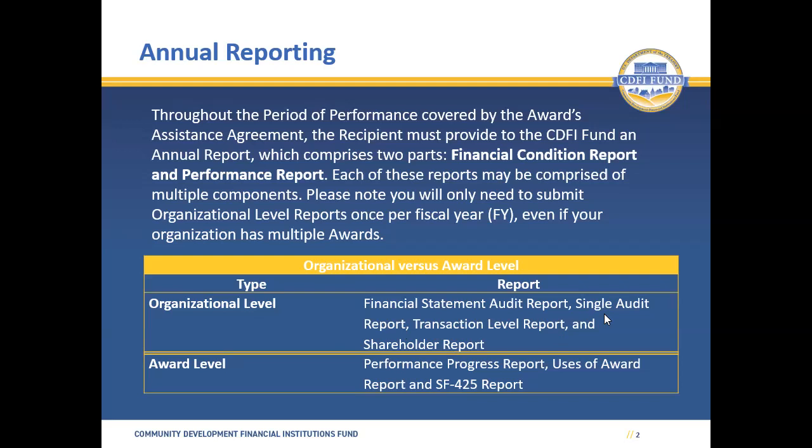Reports that may be required at the award level include the performance progress report, uses of award report, and SF-425 report. During today's webinar, we will demonstrate how to submit a new SF-425 report. Now, let's get started.